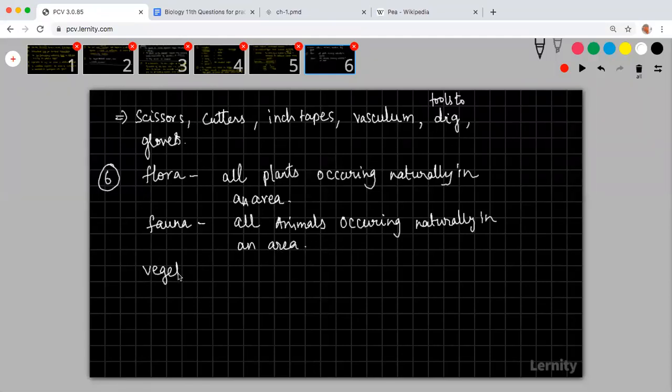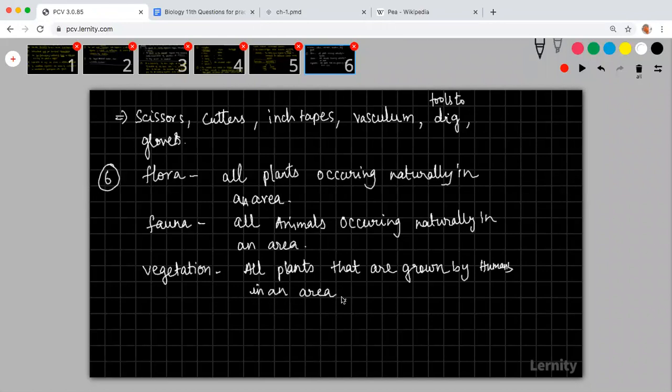Vegetation: all plants that are grown by humans in an area. Okay, so this is the difference between flora, fauna, and vegetation.